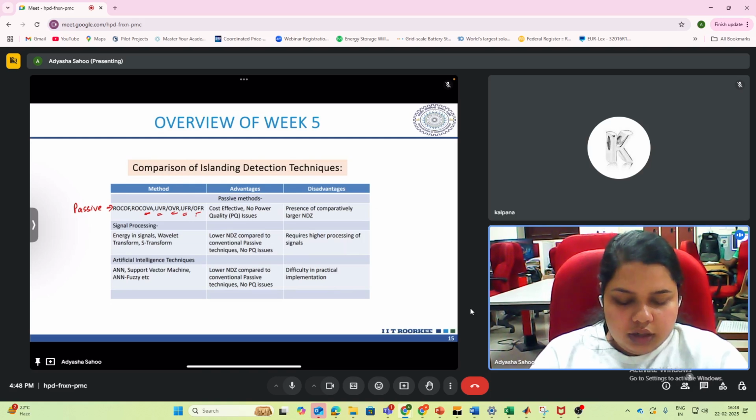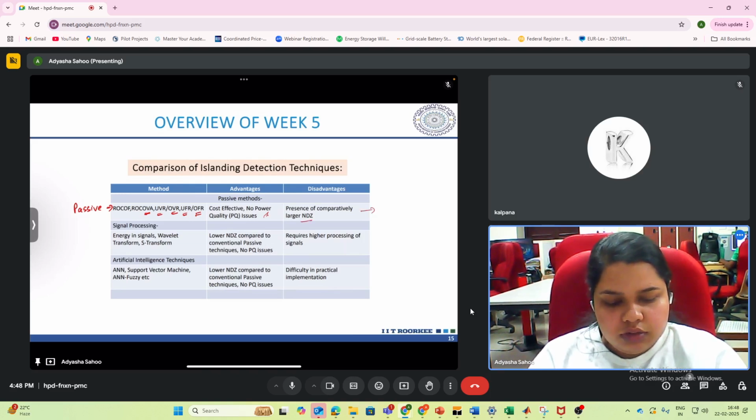The advantages are that it is simple, cost effective, and has no power quality issues. But the main disadvantage is the large non-detection zone that we saw. If there is an active power mismatch within this region, then this passive technique will fail to detect.